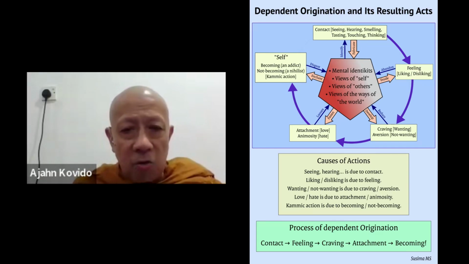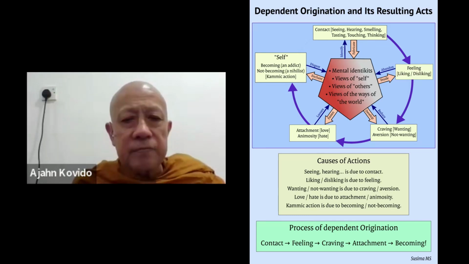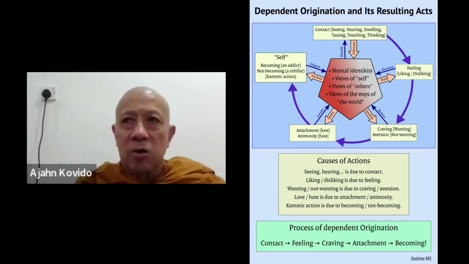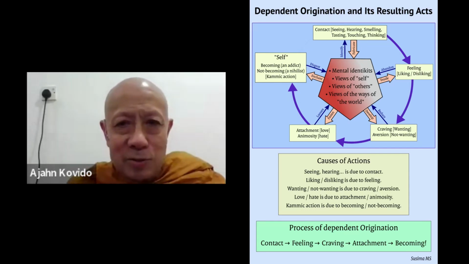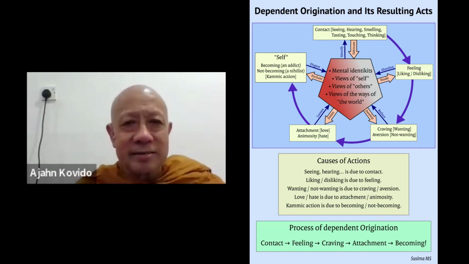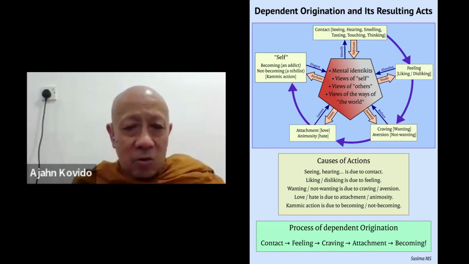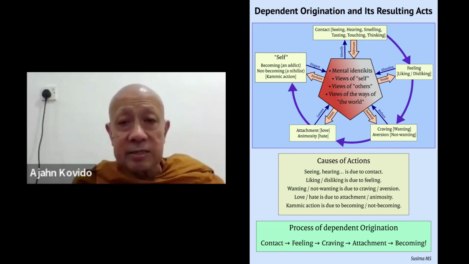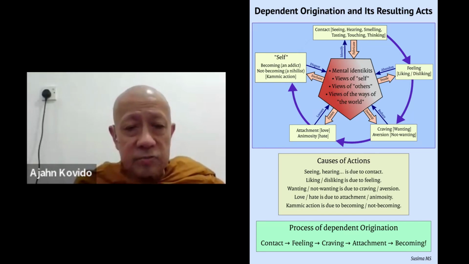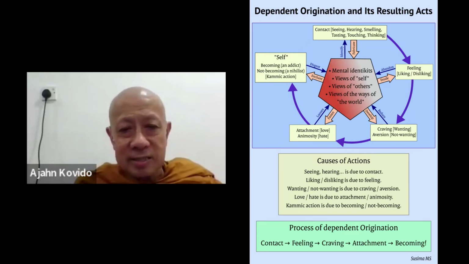Right? So dependent origination starts with contact. If there is no contact, there is no starting point of the dependent origination. You all know, when you smell food, you feel hungry because of that contact. Or when you see something, there is a desire. So depending on contact, feeling arises. Now, this feeling is the result of the mental identity that you have created.